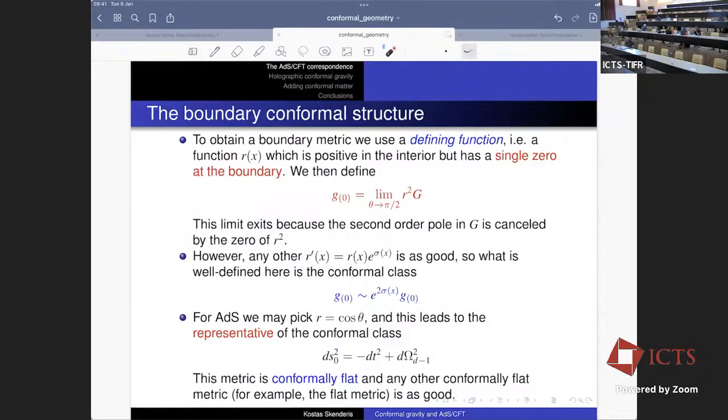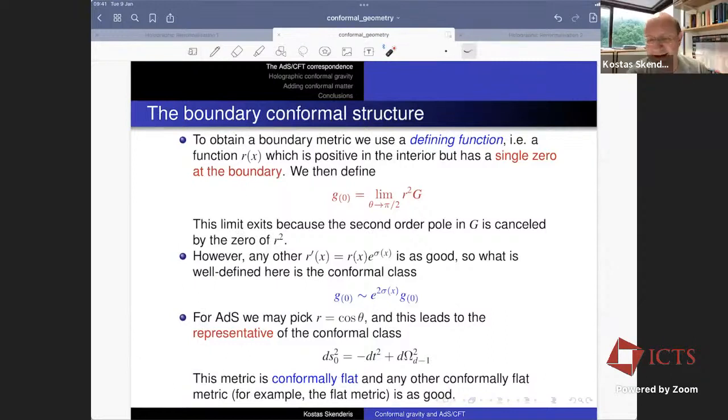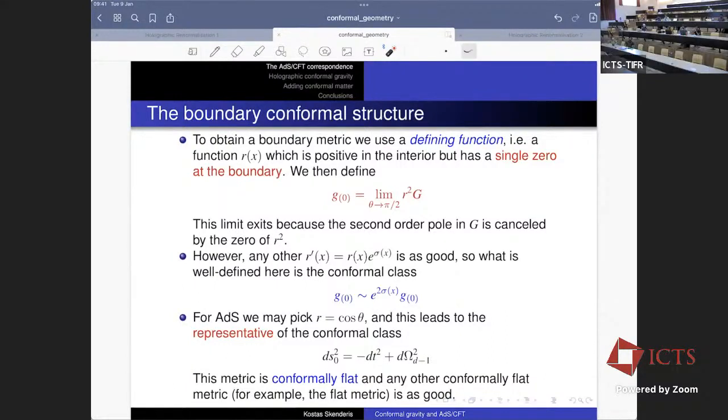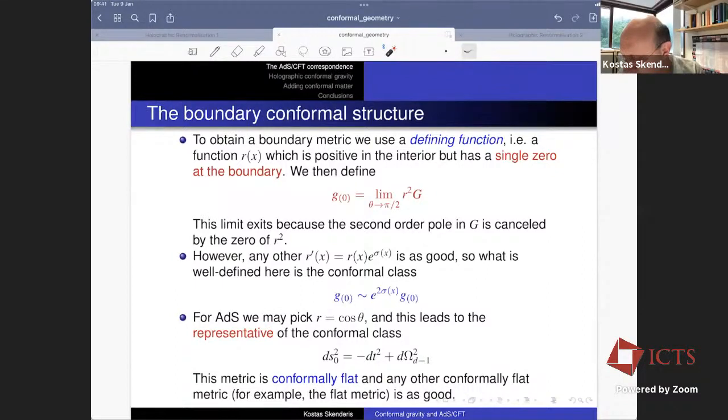Can I ask a question? Yes. Is there any situation where Neumann boundary conditions appear in this setup as well? Neumann boundary conditions you can have if you have scalars that have mass in a small window above the Breitenlohner-Freedman bound, with d over 2 squared minus 1, I think.